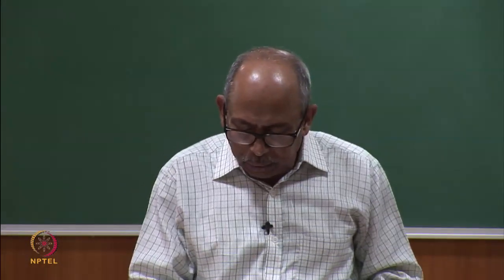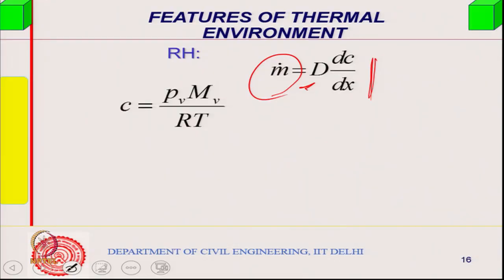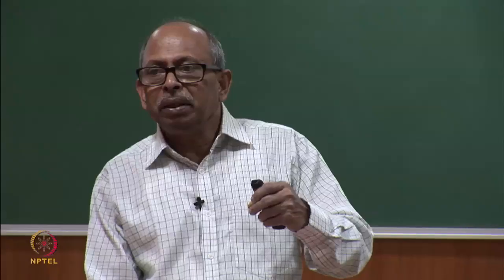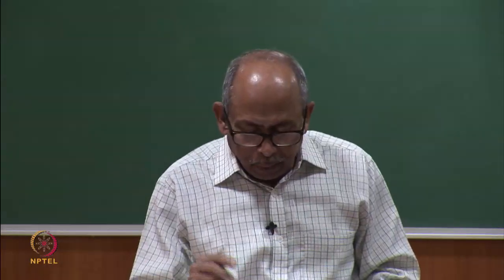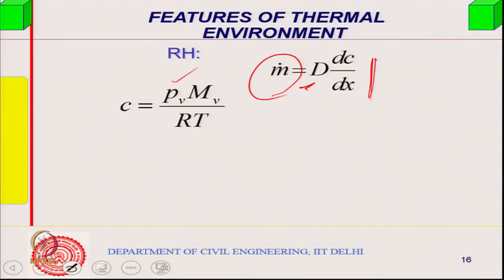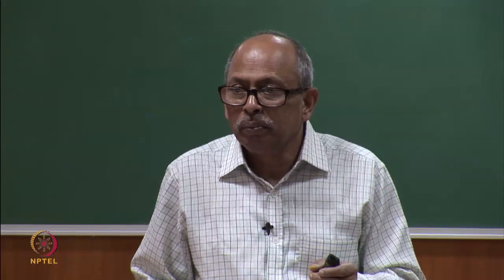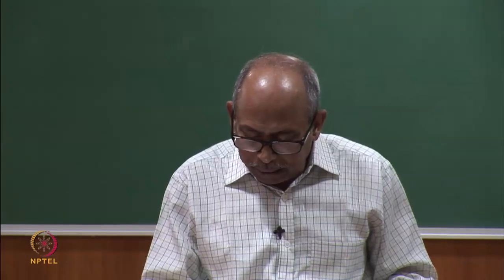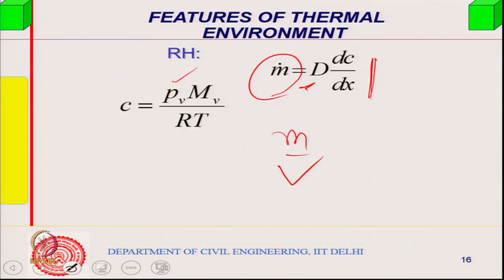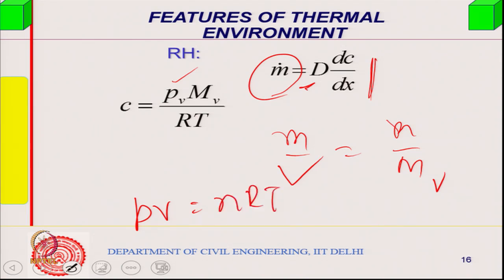We can use this same formula, and what is concentration here? Concentration is nothing but mass per unit volume. Mass divided by the molecular weight is nothing but n, so PV equals nRT.